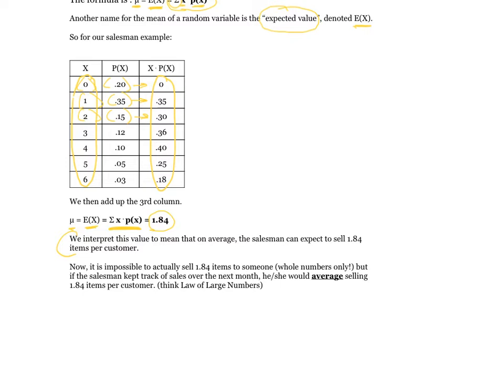The more people the salesman sells to, the closer his or her average should be to 1.84 items per person. So that's what the expected value means. And you are going to need to be able to come up with this sentence on your own. You have to be able to interpret the expected value in the context of the problem.